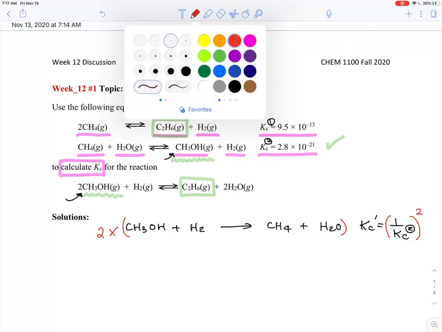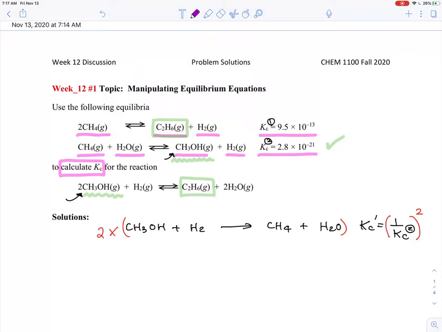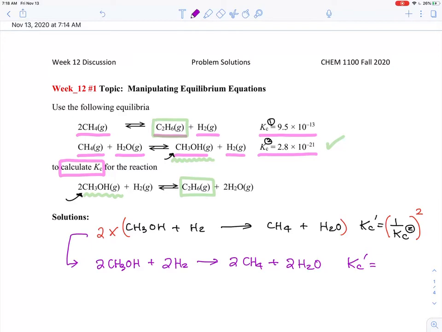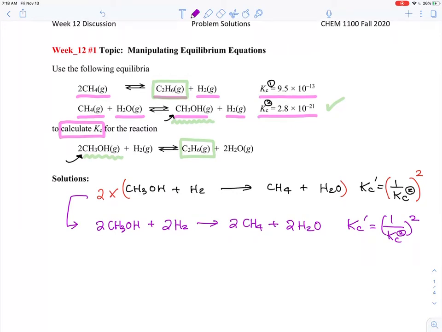As a consequence, the equation I'm seeing now is 2 methanol, 2 hydrogen, 2 methane, and 2 H2O. The Kc prime value for this equation written in purple is the Kc of equation number 2, to the square. That is the equation I'd like to have, and now I have a nicely matching position of 2 methanol shown below.